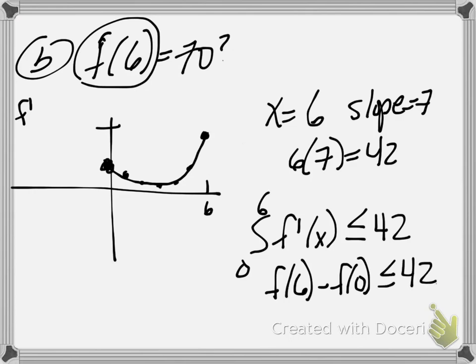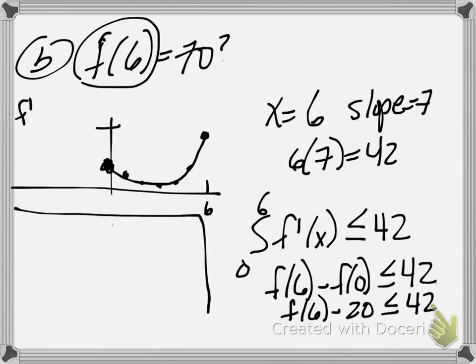But we were told that f of 0 was 20, so we would get f of 6 minus 20 must be less than or equal to 42. If I add 20 to both sides, I get f of 6 must be less than or equal to 62. So that's what the question was.